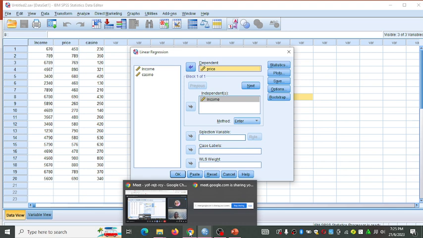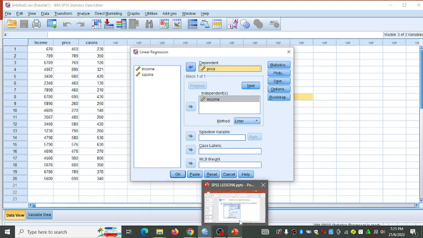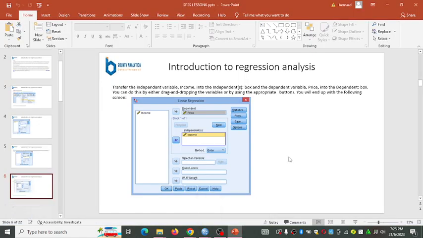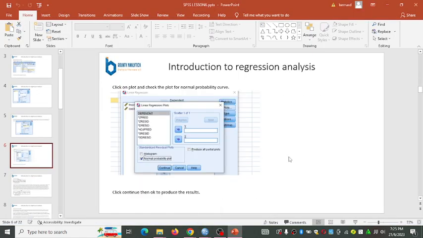So the next thing, you click on Plot, right? You click on Plot and check the normal probability plot, and then click Continue.